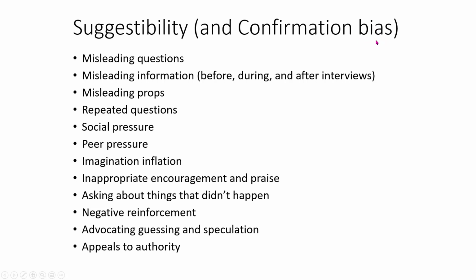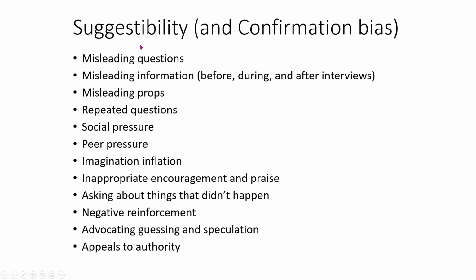And when interviewers are biased, they often resort to using subtle and overt suggestive techniques. Now, suggestibility as a topic has been studied in enormous depth, and you will not find it difficult to find studies of children's suggestibility.